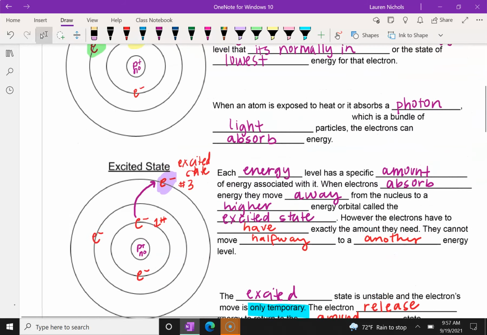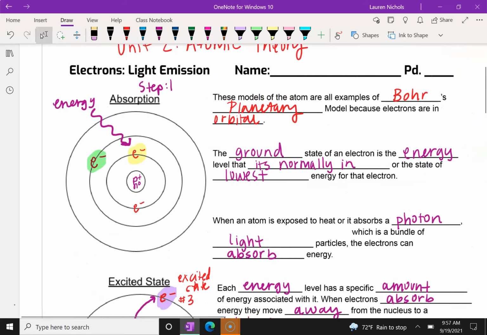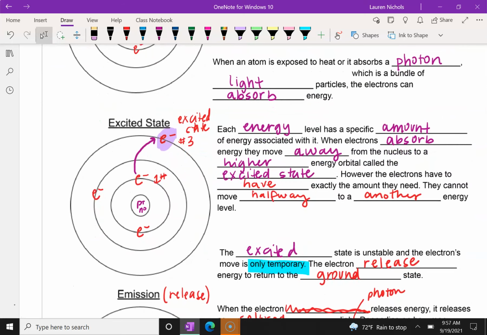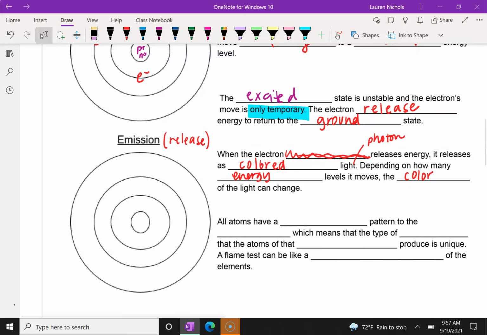So we see here that the energy is absorbed and it moves to the excited state. When it's in its excited state, again, in our model, we have our protons and neutrons in the center. We had these electrons here.